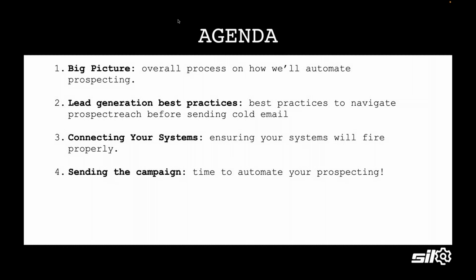And I think that's one of the core benefits of having a lead and email system that is connected with a system like Go High Level. Overall, what we've created is we leverage Prospect Reach to do cold email outreach in the multitude.